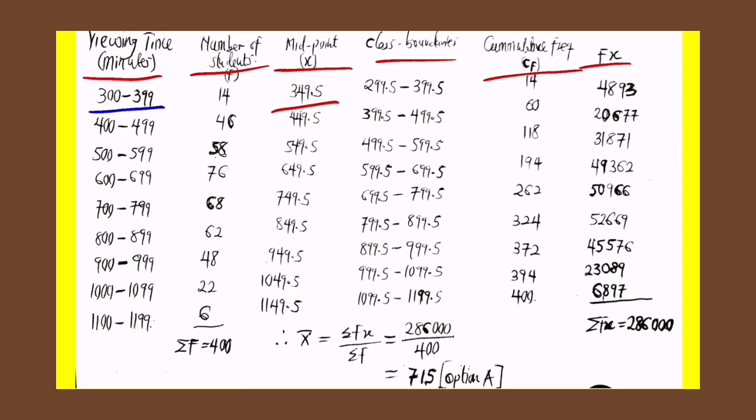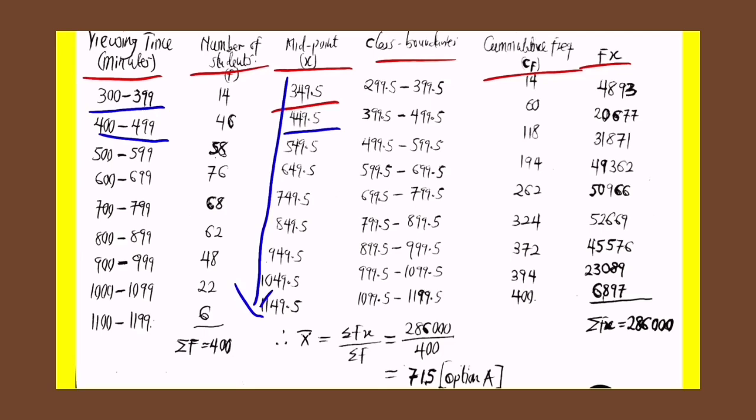That gave me 349.5. The same thing is true: I added 400 plus 499, divided by 2, and I had 449.5. So that's what I did all through to get these values down here.